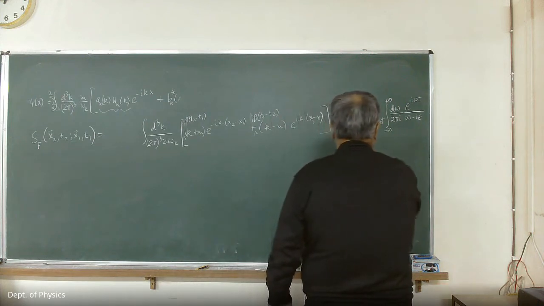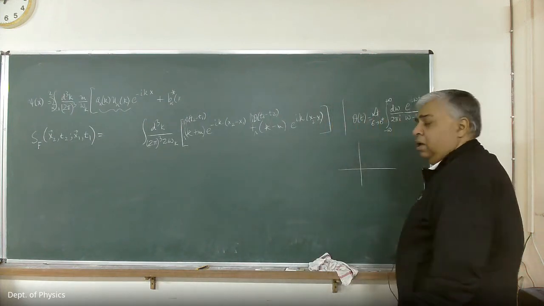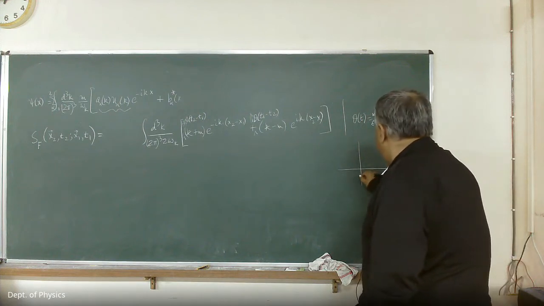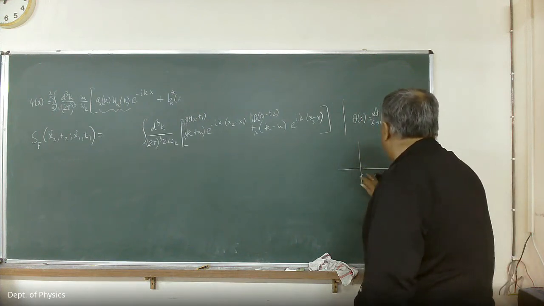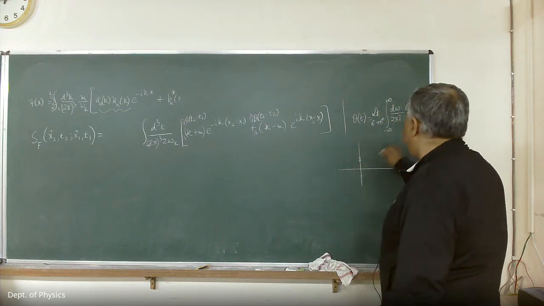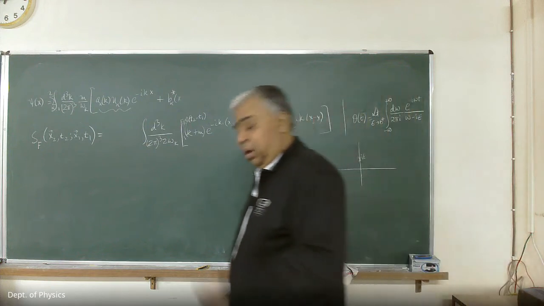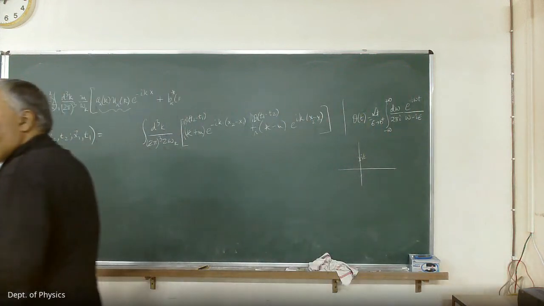You can see there is a pole at omega equal to i epsilon, on the positive imaginary axis.